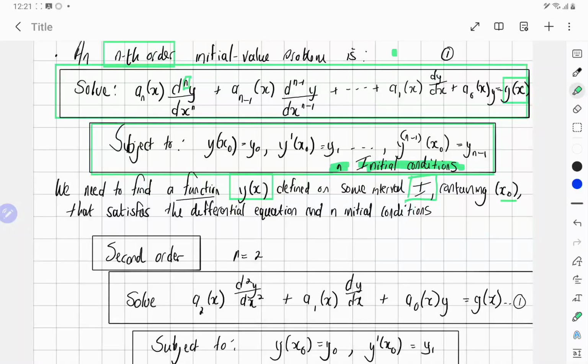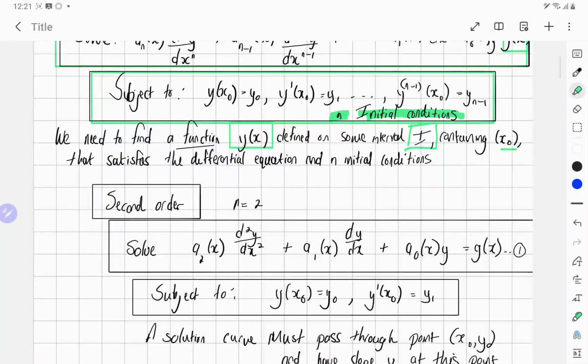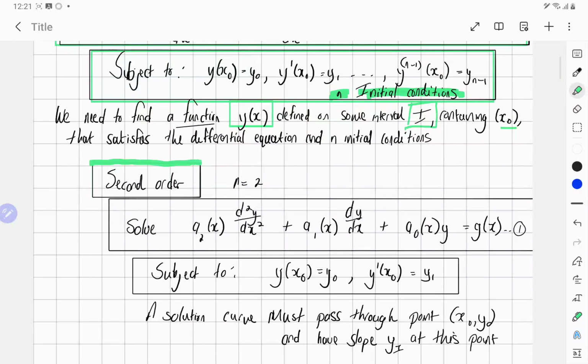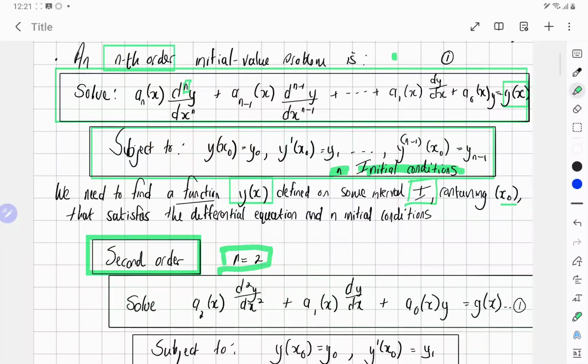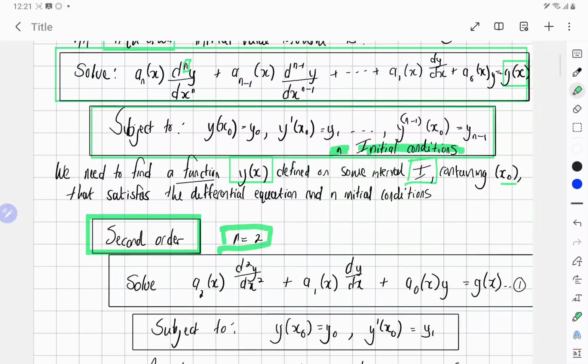So if we have a second order differential equation, we will have two initial conditions. So here's our second order. Like I said, we will do the second order and nth order in one. So in my nth order, I will replace n with 2.